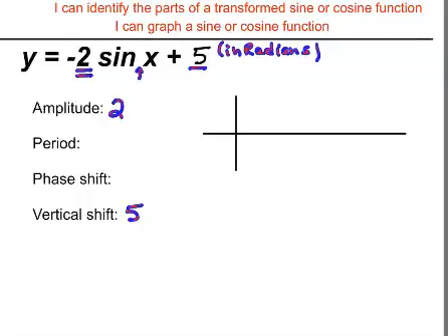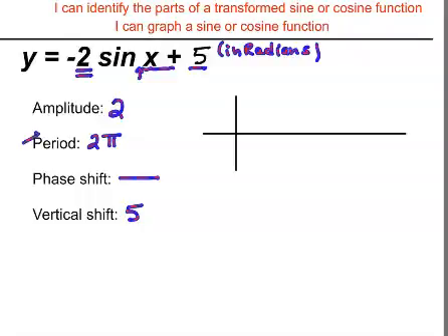You would be told either to do degrees or radians, or it's going to be obvious in another way. So the period, because we're going to do it in radians, is just 2 pi because there's no change in the period. There's also no phase shift. Nothing was added or subtracted in here.